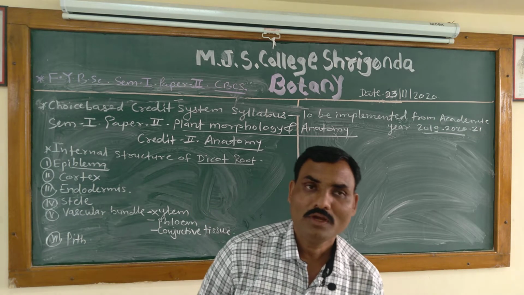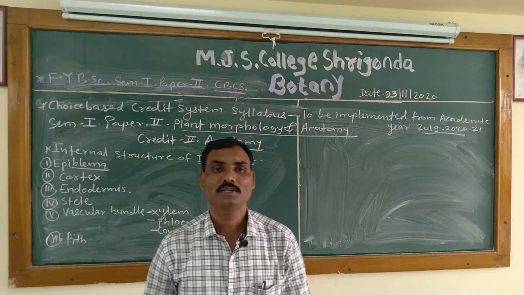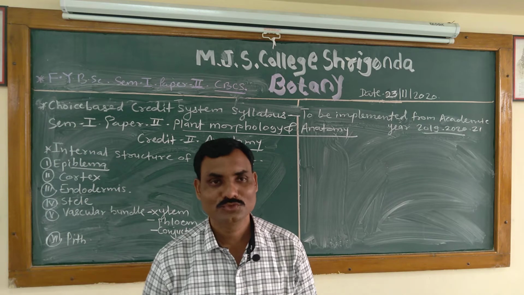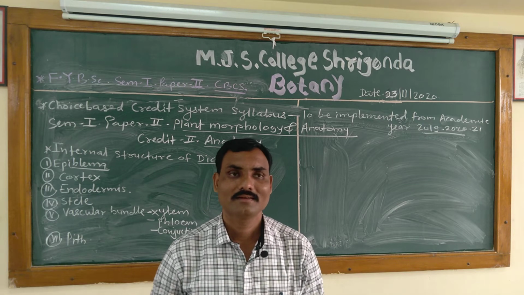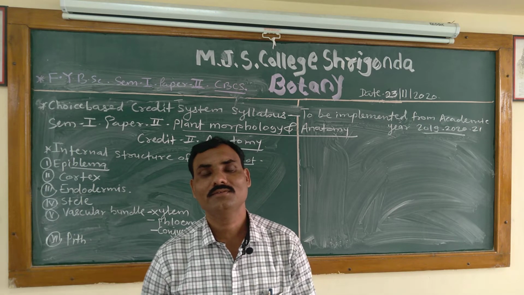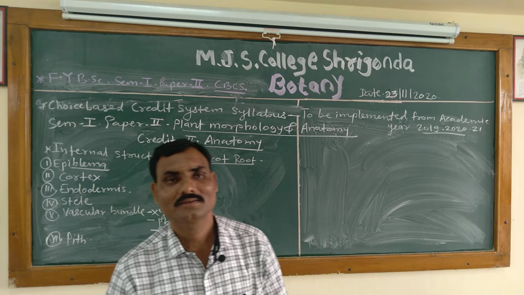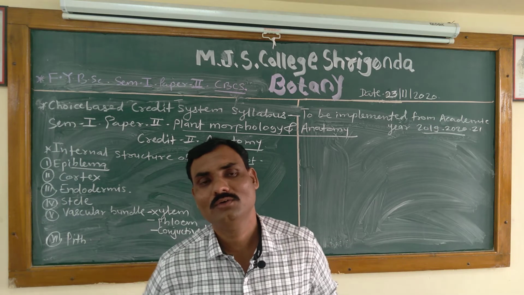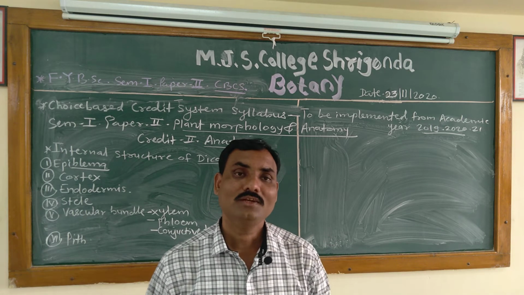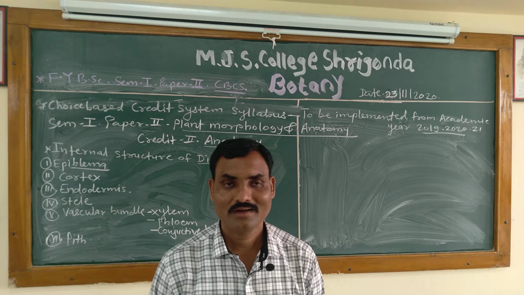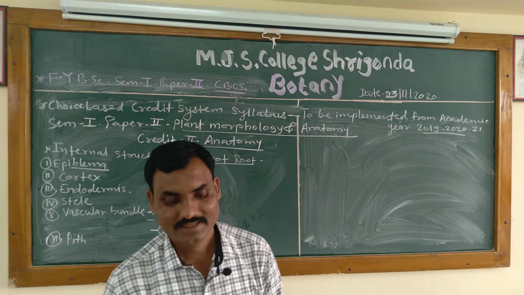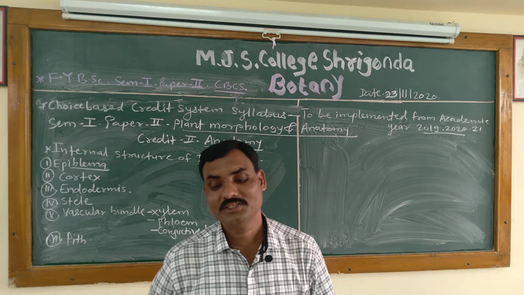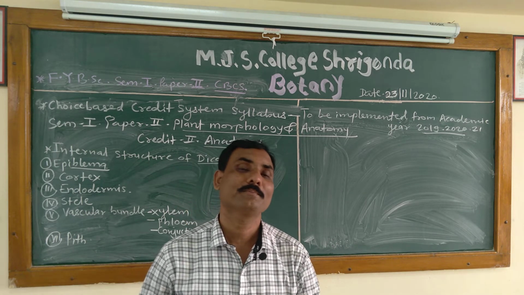In that anatomy we have completed permanent tissue, simple tissue and different types of tissues, glandular hairs and many other trichomes, stomata, that is, epidermal tissue we have also learned. And in today's video we are going to start a new article, that new article is the internal organization of primary plant body.